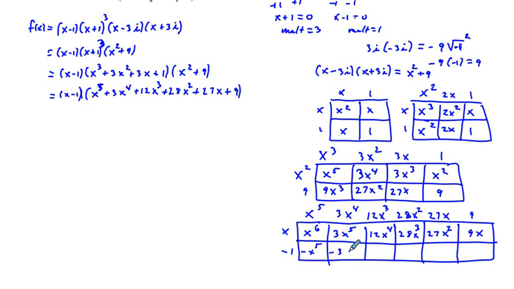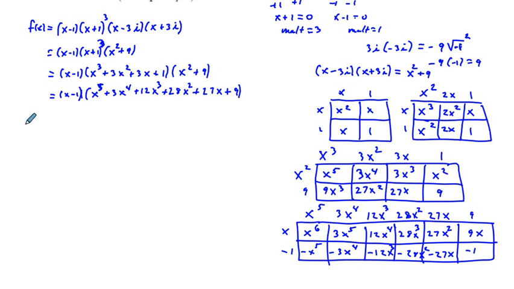We have minus 3x to the 4th power, minus 12x cubed, minus 28x squared, minus 27x, and then finally negative 1.